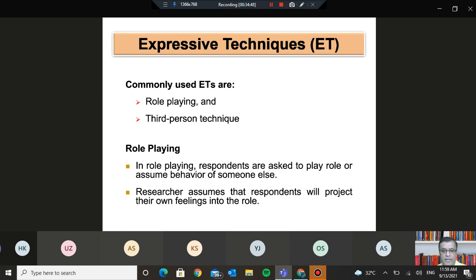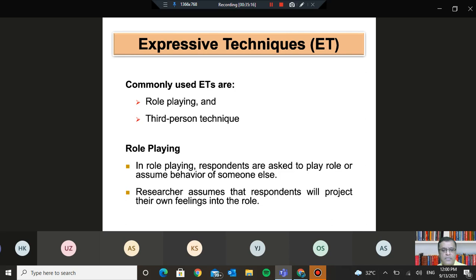In the third person technique, we present the subjects with some kind of situation. This situation may be a verbal situation or some kind of visual situation, and what we expect the respondents to do is relate the beliefs and attitudes of the third person rather than directly expressing their personal beliefs.